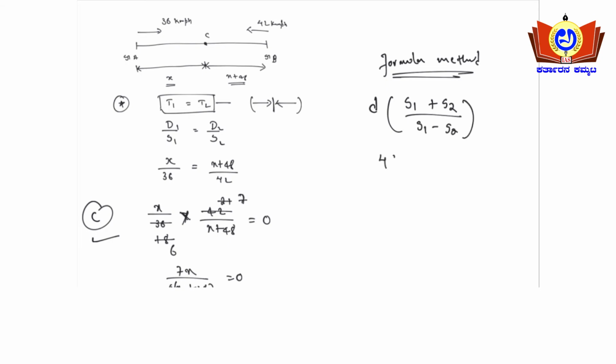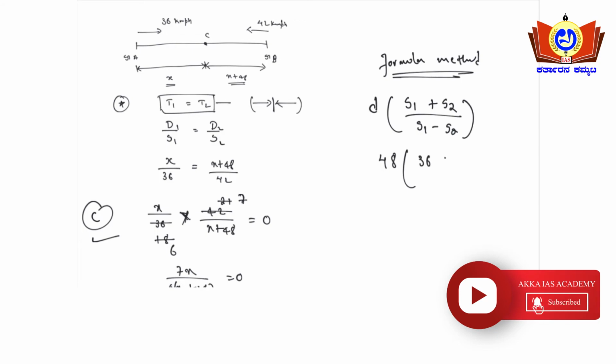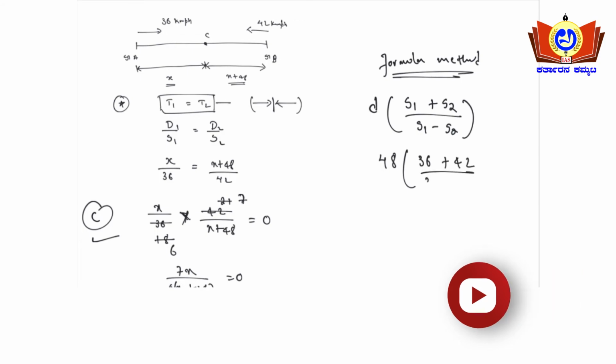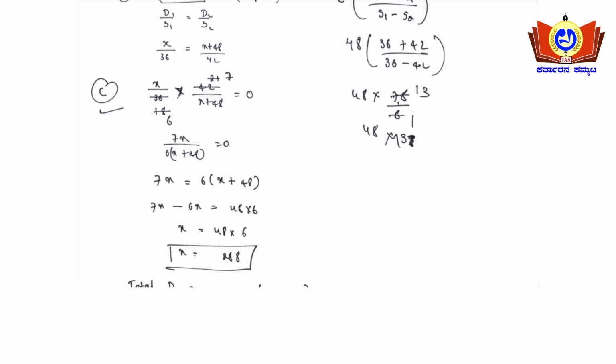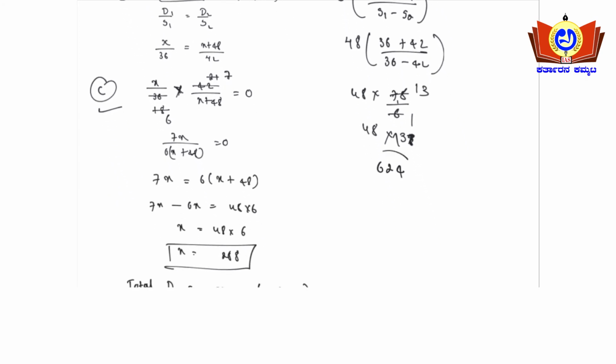D is 48, the difference in the distance is 48. So 36 plus 42 whole divided by 36 minus 42. That is 48 into 78 by 6, so 48 into 13, which also equals 624.